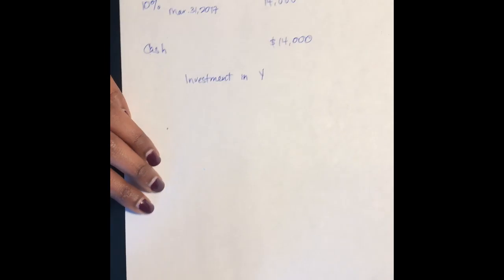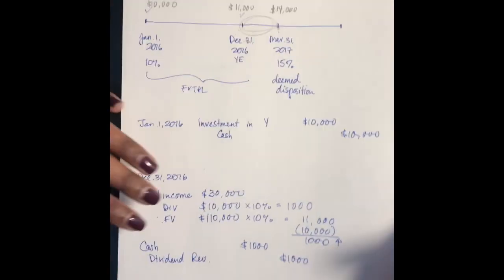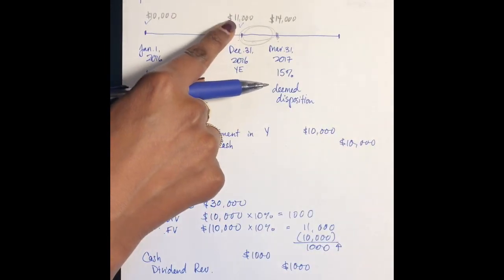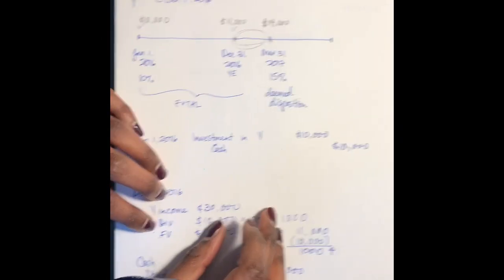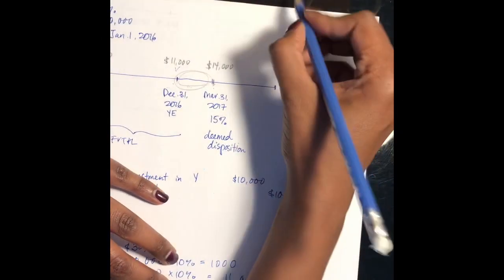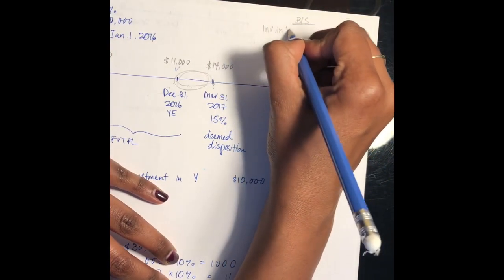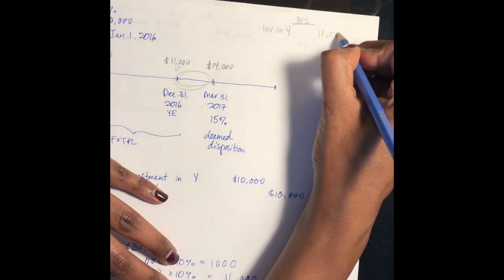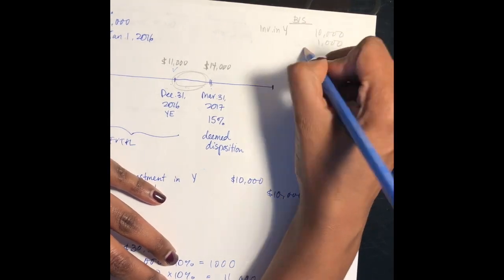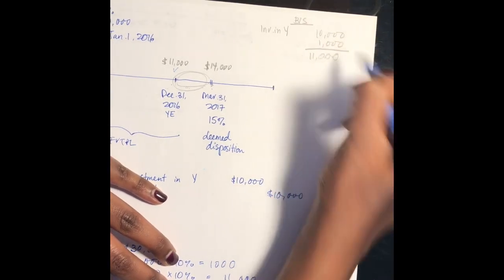Debit. Your investment in Y was on your books at 11. Okay, that's what it was last on your books at. If you take a look at your balance sheet, you have this item called investment in Y, it was at 10, then you booked 1,000 to it, it's at 11, right?